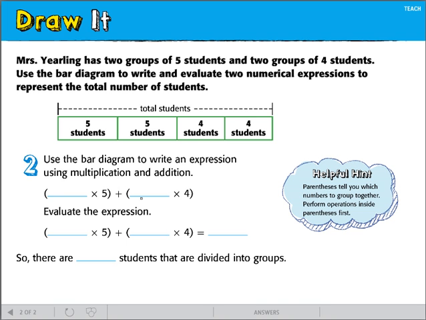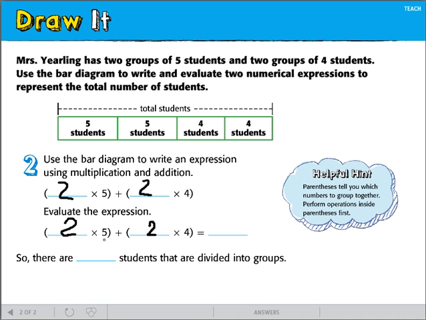Here's my blank. What am I going to put in there? Which means it is 2 times 5 plus 2 times 4.